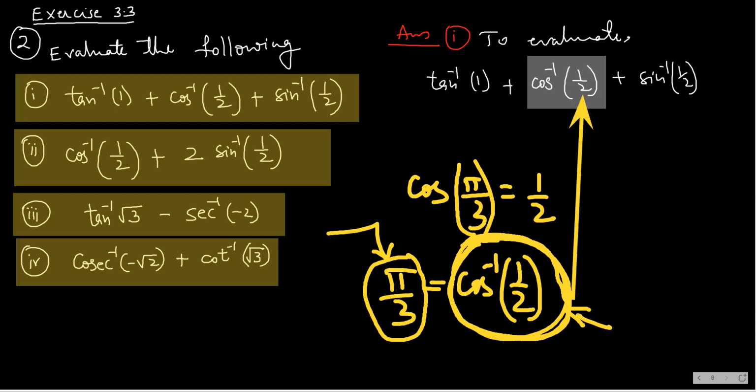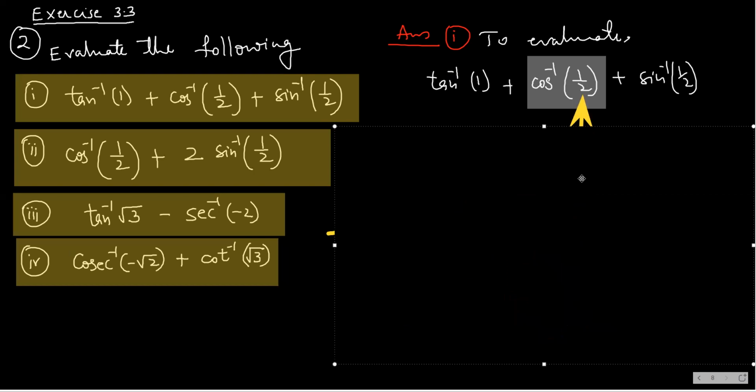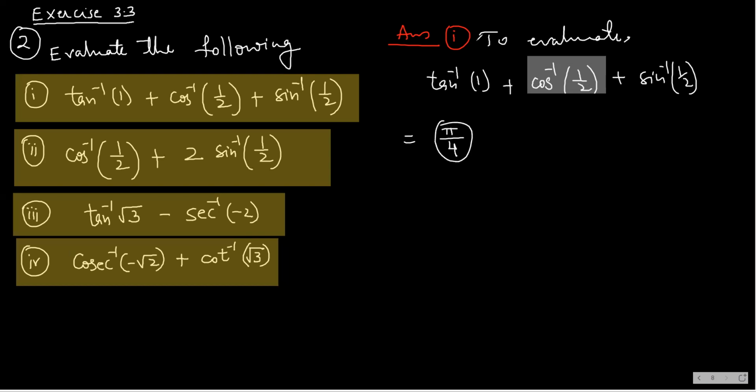So what I will do here, I shall now be evaluating this. But I notice something here: I have cos inverse of 1 by 2 plus sin inverse of 1 by 2. So see the very next step. This is tan inverse of 1, which is pi by 4 because tan pi by 4 is 1, and this is the principal value. Why? Because this value is between minus pi by 2 and pi by 2.